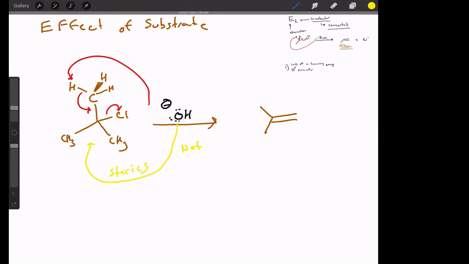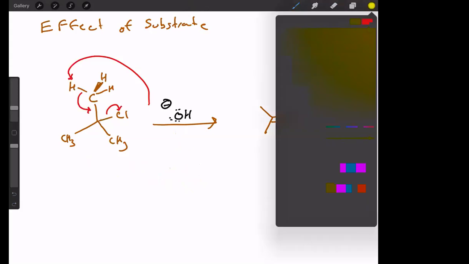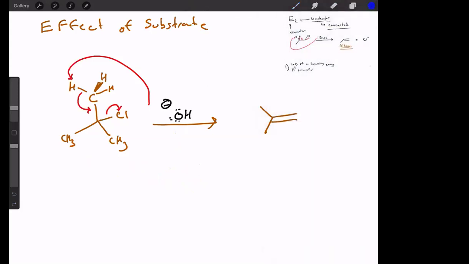But is there a problem with the hydroxide acting as a base? And the answer to the question is no, there's no problem. Because even though the carbon itself, this carbon, is hindered, are the hydrogens doing the proton transfer hindered?